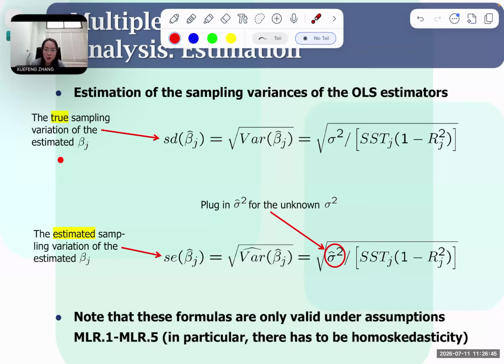This is the true standard deviation of beta j hat, but it depends on sigma square, which we never actually know, okay? This is unknown.